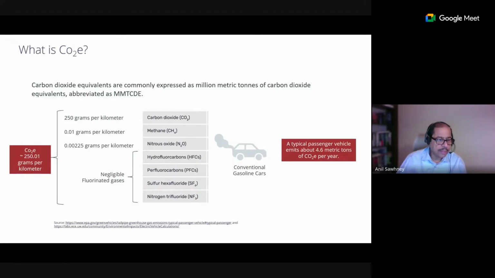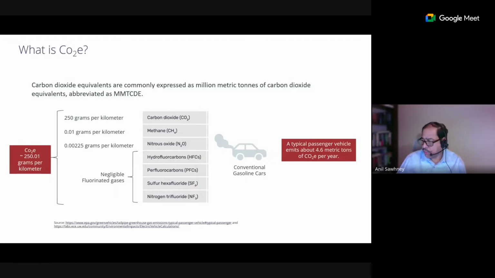That is what it's emitting. It emits 0.01 grams per kilometer of methane, 0.00225 grams per kilometer of nitrous oxide, and negligible fluorinated gases.